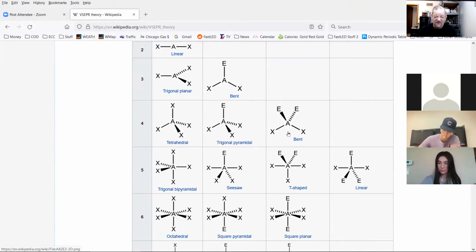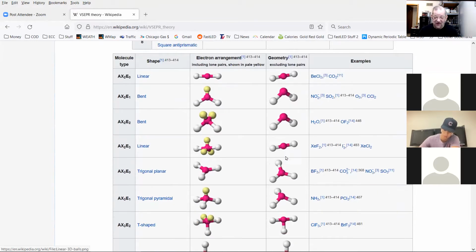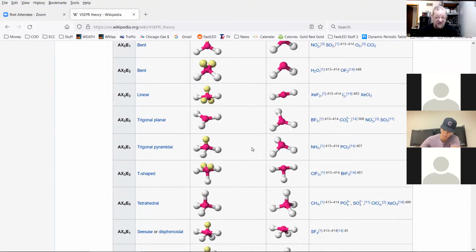In water, you have 2E meaning two non-bonding electron pairs, X would be hydrogens, and O would be oxygen. And water is bent. Here they show you examples of bent molecules like water.